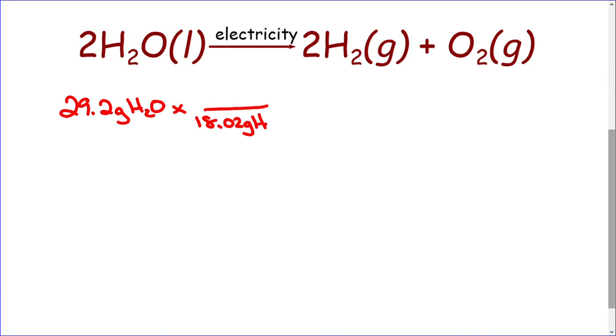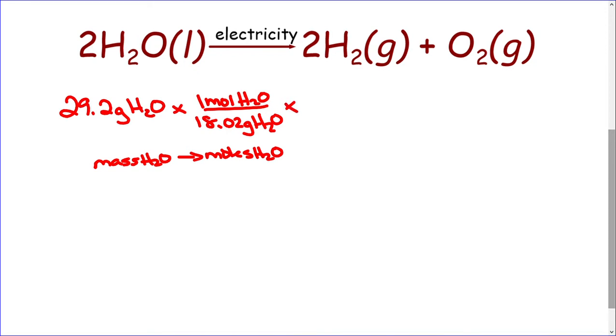I'm going to do a molar conversion here, right? I'm going from mass to moles. So here's mass of water, now I'm going to go to moles of water. Okay, so 18.02 grams, that's what makes 1 mole. That's 2 hydrogen atoms plus an oxygen atom. Okay, 1 mole of water.